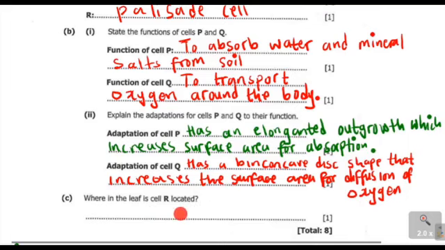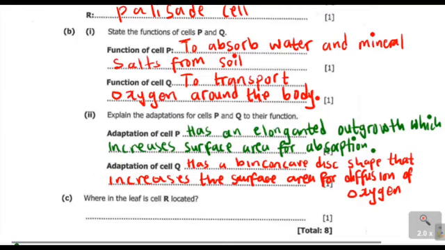So cell R, we have said that is the palisade cell. So where in the leaf is the palisade cell located? The palisade cells are located in the palisade mesophyll tissue of the leaf. So here we'll just write this is a 1 mark.